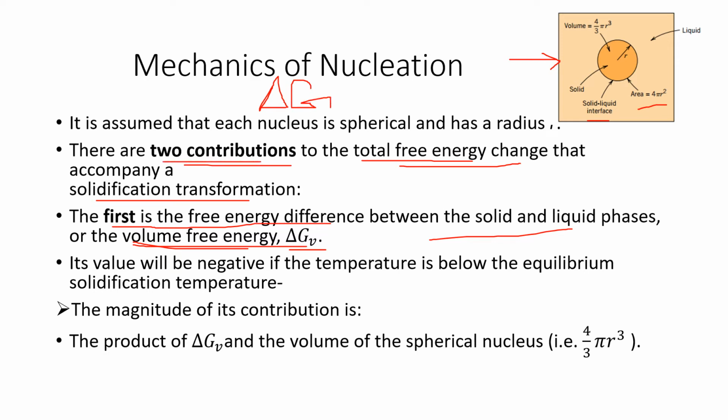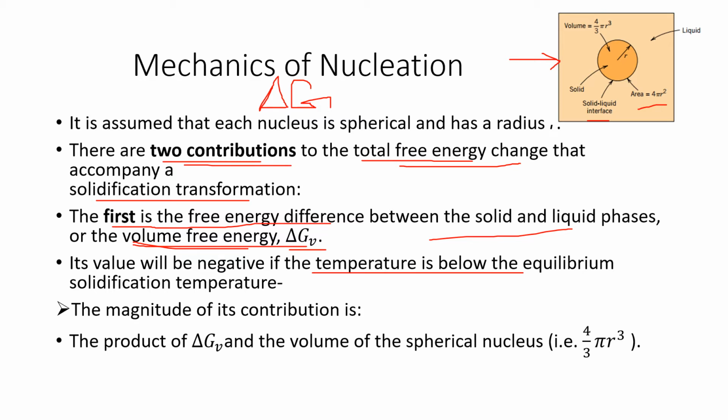There are two contributions to the change in total free energy which accompany the solidification transformation. The first is the free energy difference between the solid and liquid phases, or the volume free energy delta GV. Its value will be negative if the temperature is below the equilibrium solidification temperature.